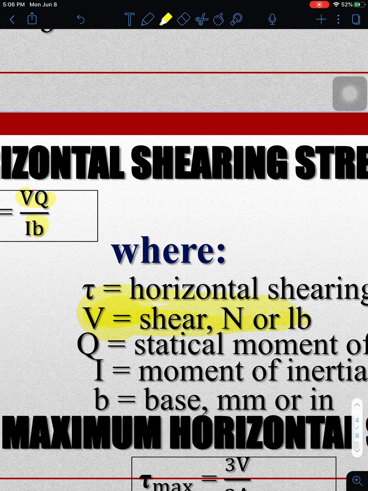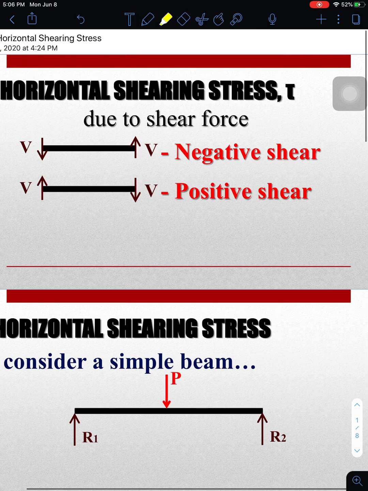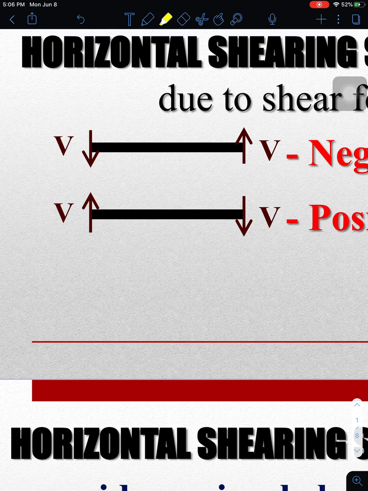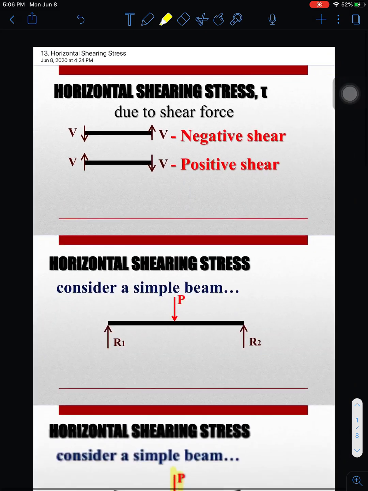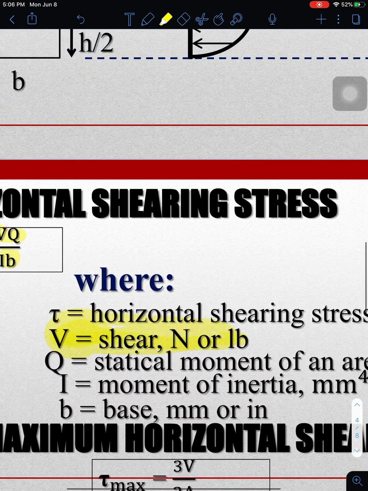I have presented already that negative shear and positive shear are of different sense, but they are of the same effect. Whether upward or downward force, its effect on the beam or material is still breaking. So regardless of the sign, just choose the maximum value among the shear forces in the shear diagram.